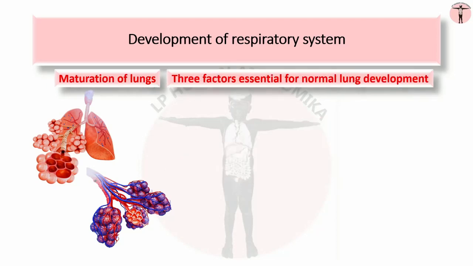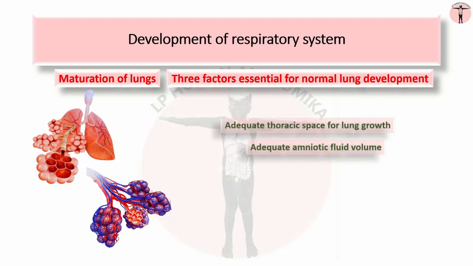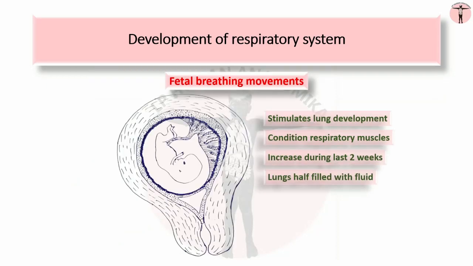Three factors that are essential for normal lung development are adequate thoracic space for lung growth, adequate amniotic fluid volume, and fetal breathing movements.